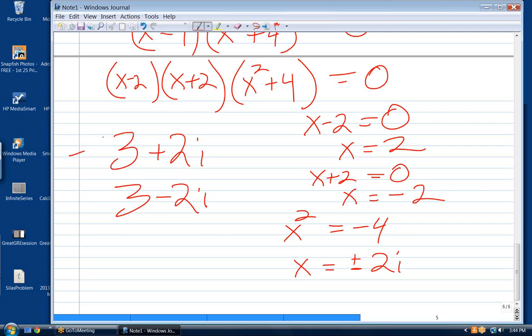So now you have 2 out of the 4. You can divide these into the quartic to reduce it to a cubic, and then divide that by that to reduce it to a quadratic. And you can always solve quadratics by using the quadratic formula. Right. Okay?